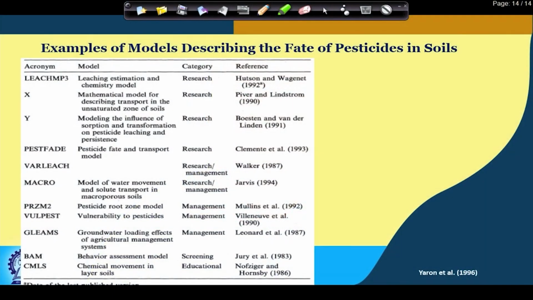So, today we are going to start with some examples of models describing the fate of pesticides in the soils.